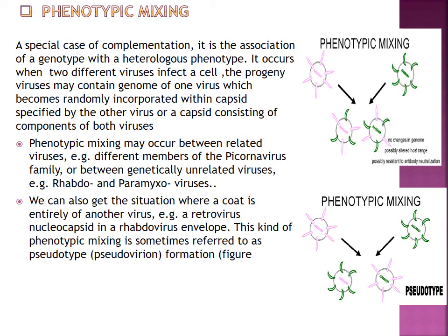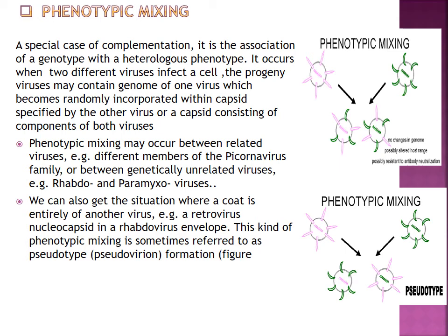Phenotypic mixing is a special type of complementation. It is the association of a genotype with a heterologous phenotype. It occurs when two different viruses infect a cell. The progeny viruses will contain the genome of one virus randomly incorporated within the capsid protein specified for the other virus, or a capsid consisting of components of both viruses.